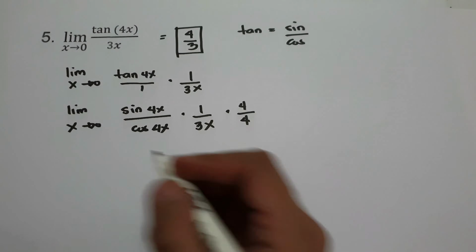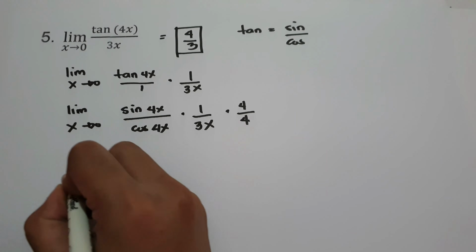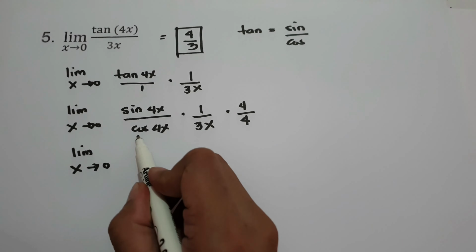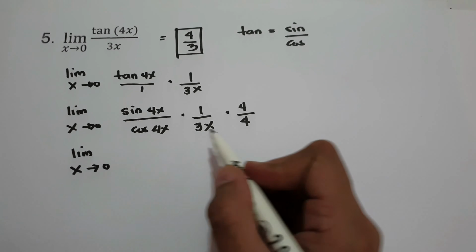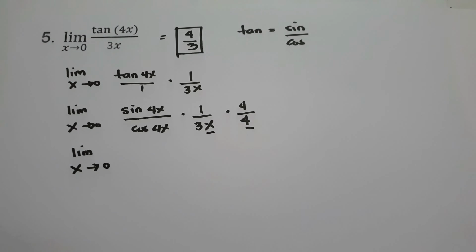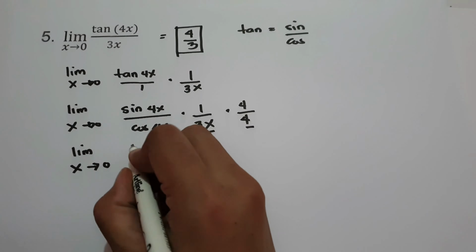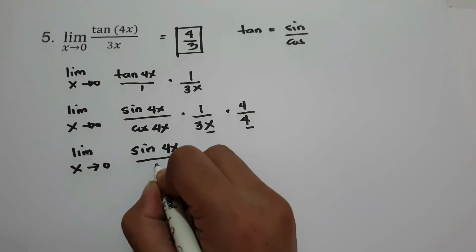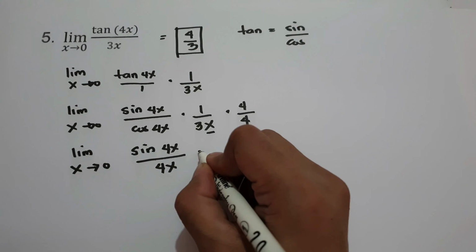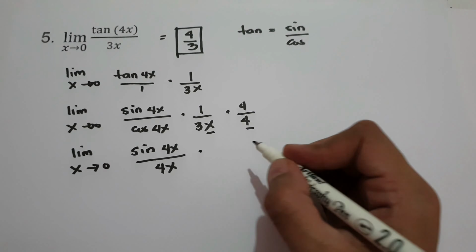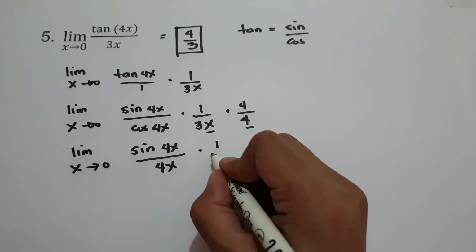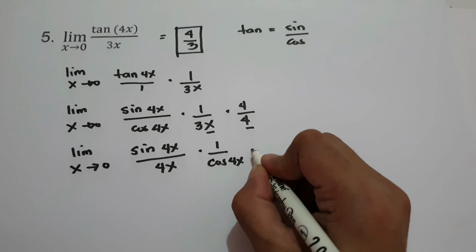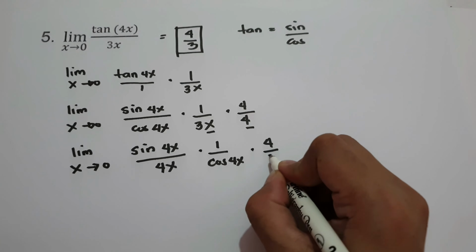Then we have the limit as x approaches 0 of sine 4x divided by 4x, and then 1 over cosine 4x times 4 over 3.